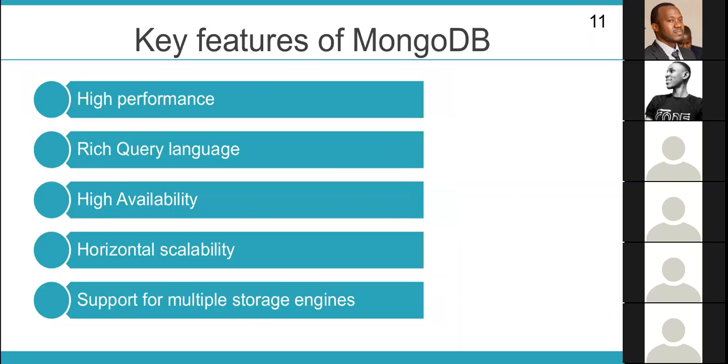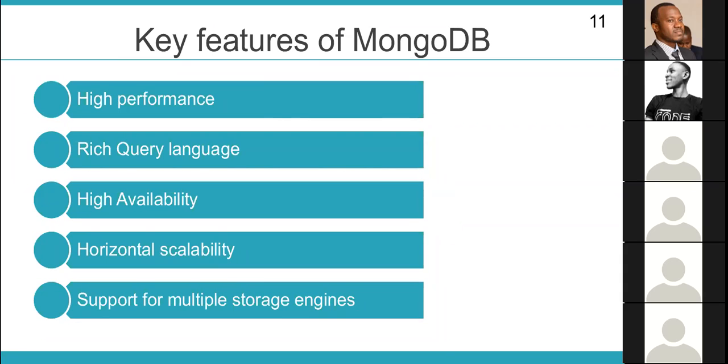So some of the key features of MongoDB is that it has a very high performance and a rich query language. It's highly available, and it gives you horizontal scaling, which is a big plus. And then it has support for multiple storage engines.